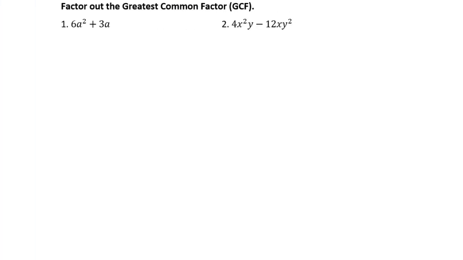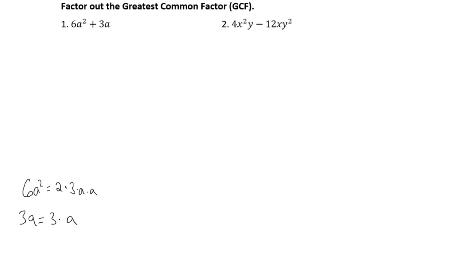So right here, we're going to start out with the GCF, the greatest common factor. We're trying to look at what the factors are. If I take 6a squared and break that down, it has the factors 2 times 3, which is 6, times a times a. And if I take 3a and break it down, it is 3 and a.